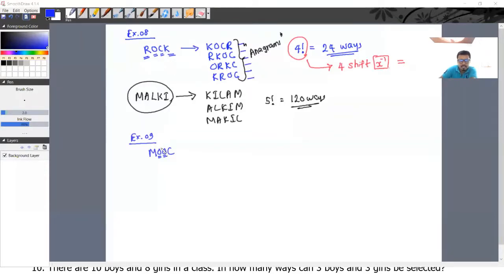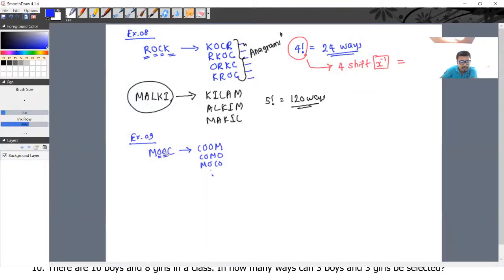So it should not be 24 ways. Then how many ways? How can we find that? The anagrams we can form are Mook, Moko, and so on. We have several options.